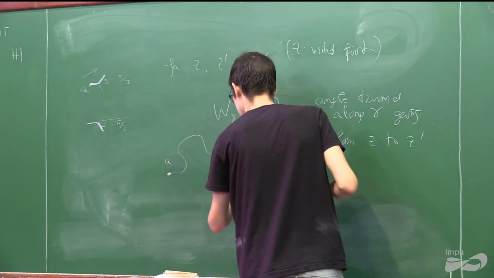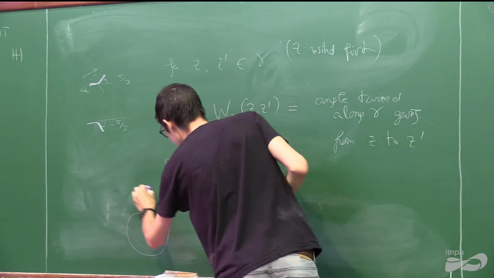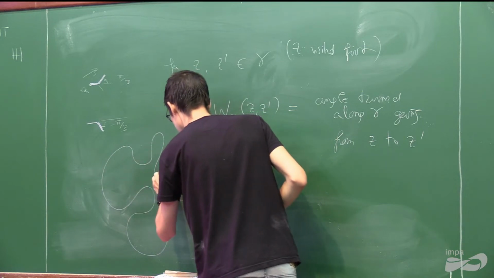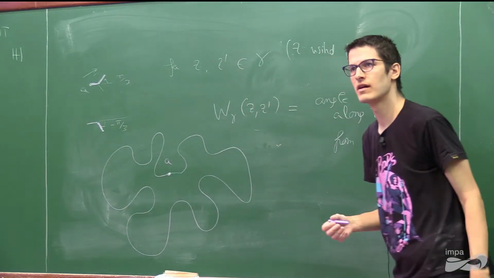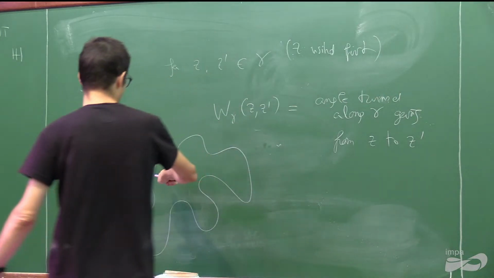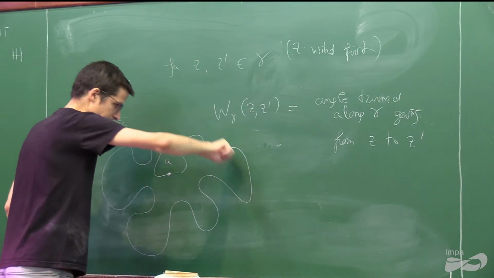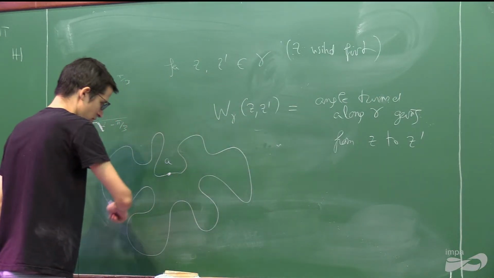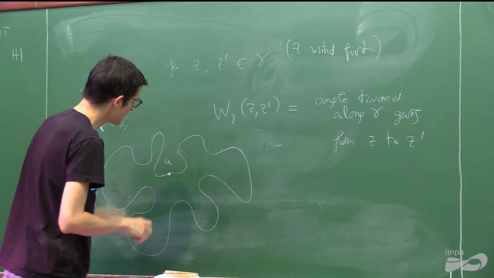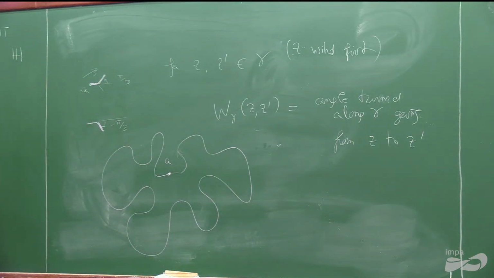And if I go around it, then basically I know that its winding number is either 2 pi or minus 2 pi.